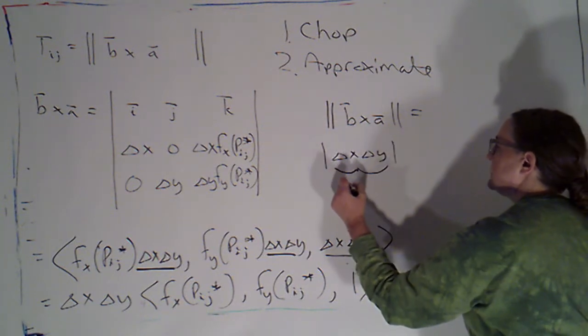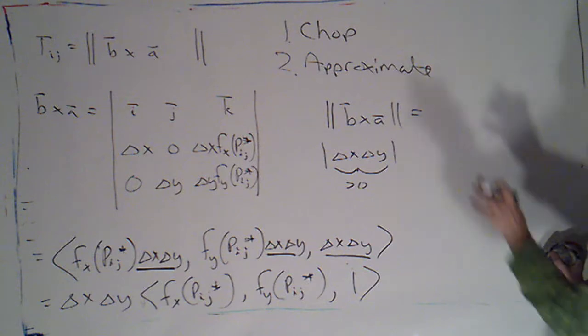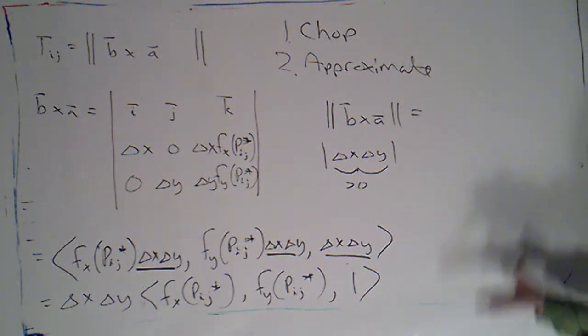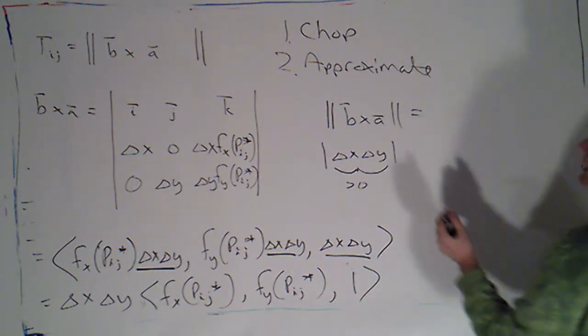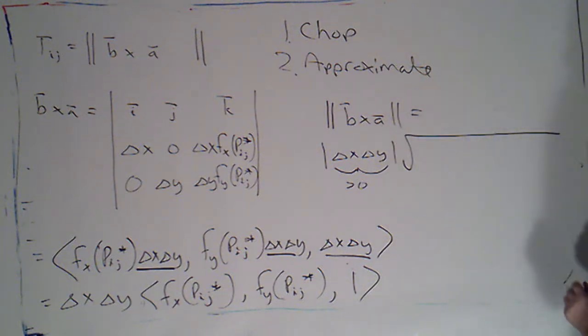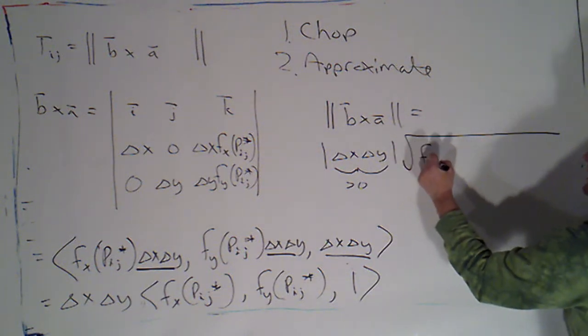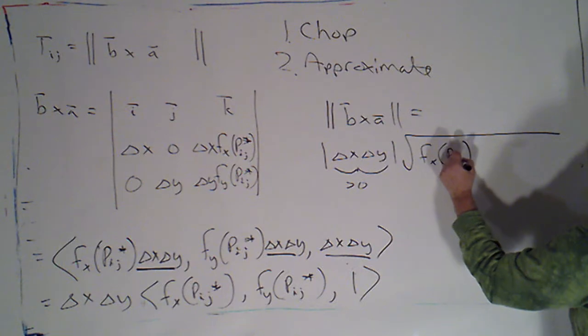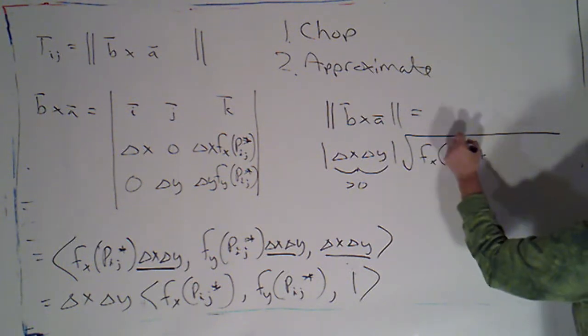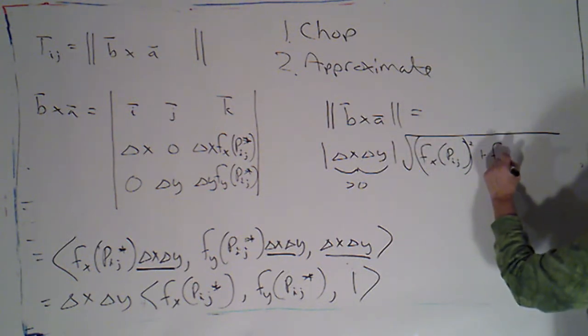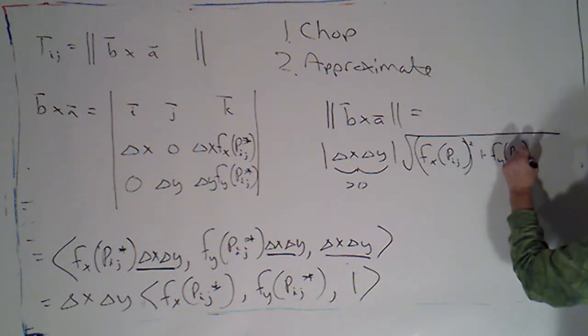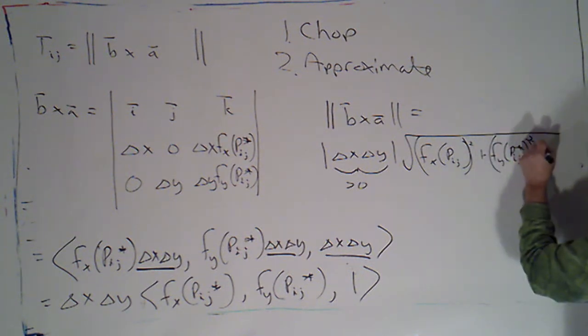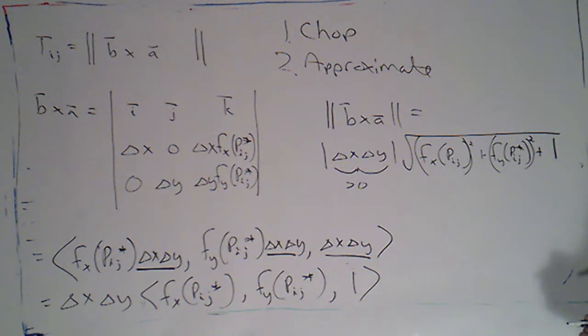Now, delta x and delta y are both bigger than 0, so I'm going to be able to evaluate that absolute value and just remove it, times the square root of f sub x at my representative point squared, plus f sub y at my representative point squared, plus 1 squared, which is 1.